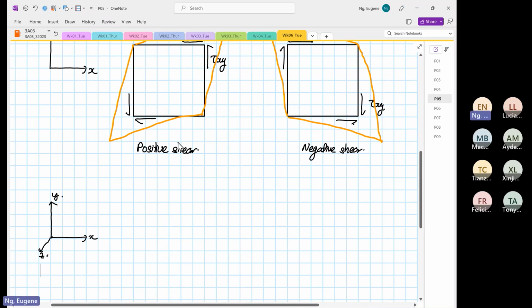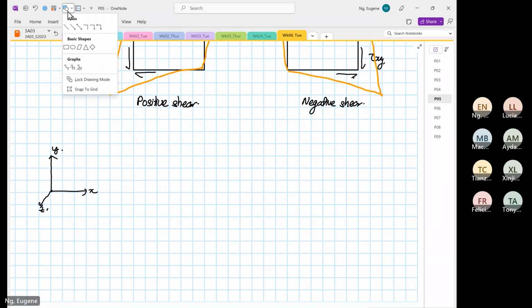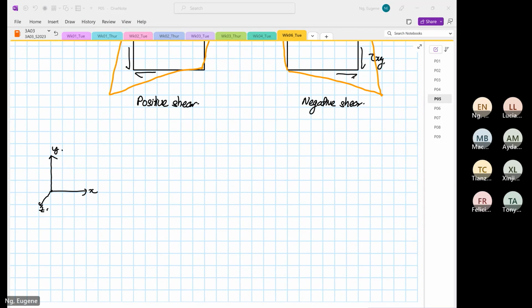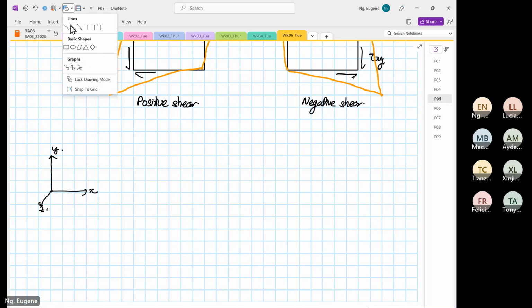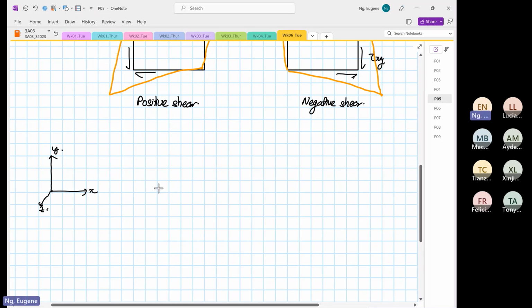What does it look like in 3D now? Okay, so I'm going to go on. So my element in 3D now.